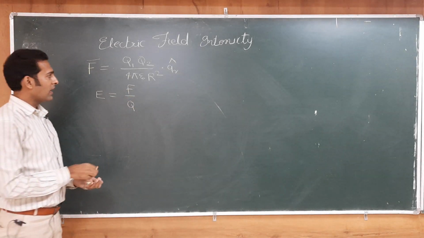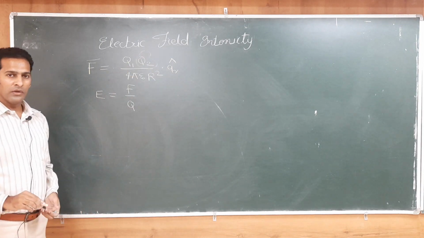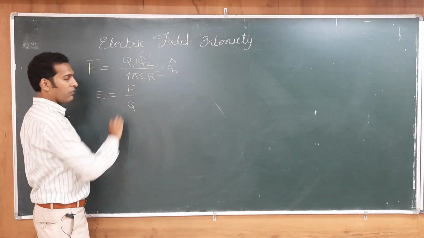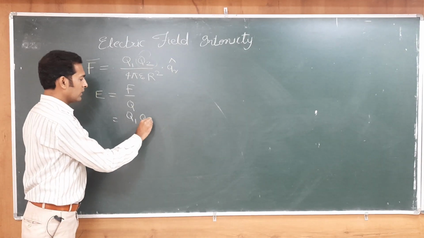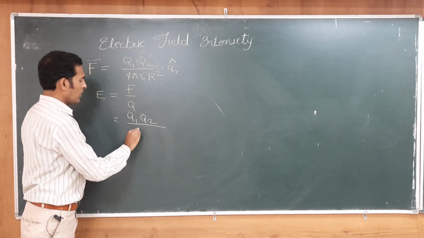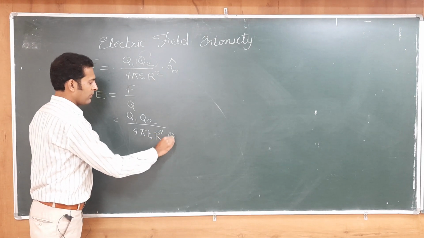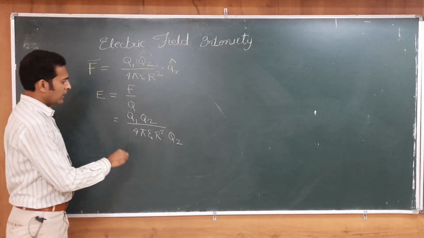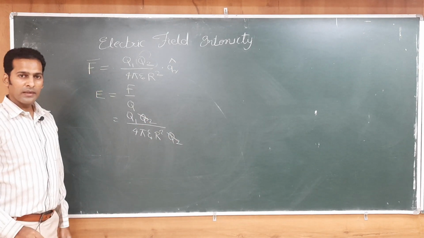So, if I want to calculate force on any one charge, say Q2, we have a formula for the force. So, I will write down Q1 Q2 divided by 4 pi epsilon naught r square, per Q2. If you write it like this, what will happen? This Q2 and this Q2 will get cancelled.